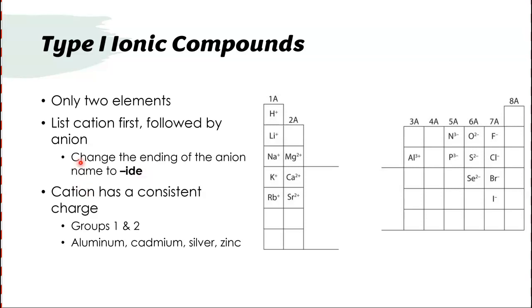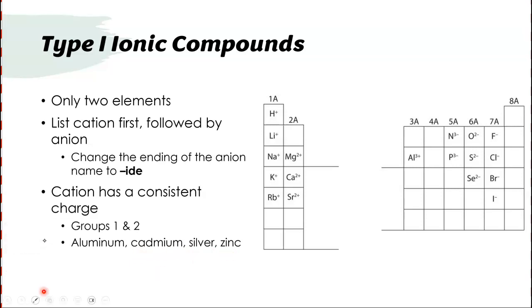Now, these are type 1 because the cation has a consistent charge. So that means groups 1, 2, and then a couple of special transition metals, cadmium, silver, and zinc.